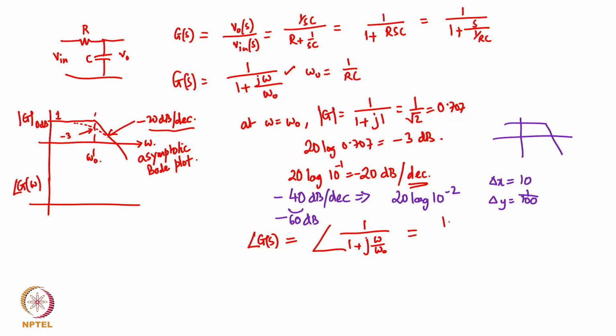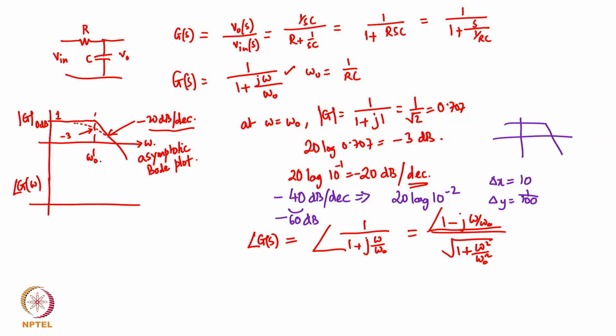So you can just write this as 1 minus j omega by omega 0, divided by root over of 1 plus (omega by omega 0) squared. And this angle is what we are interested in now. The denominator has 0 degree angle.